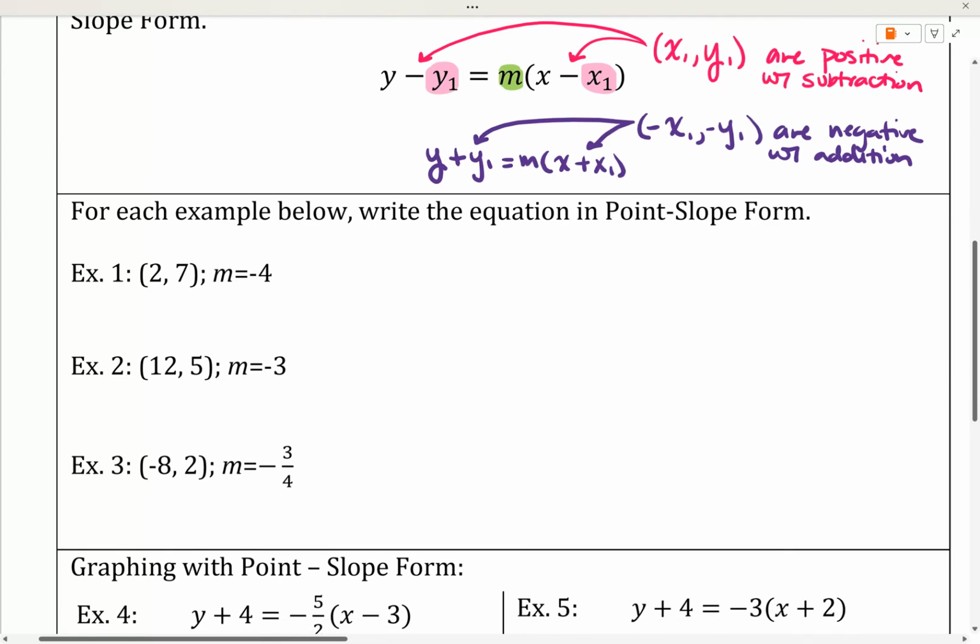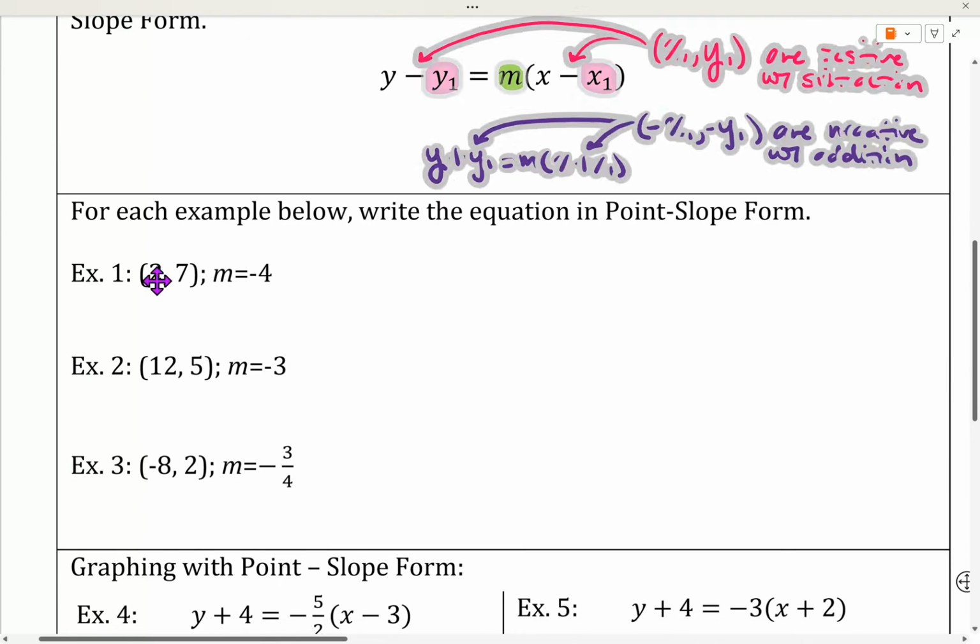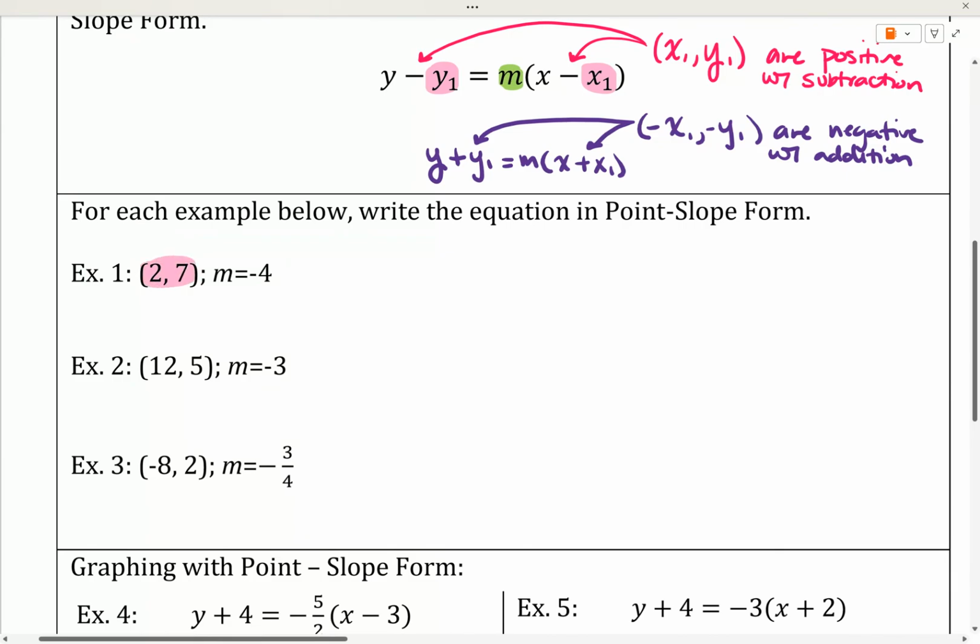So we're going to write a few examples in point-slope form, given a point and the slope. So here we are given 2, 7. So that is our x1, comma, y1. And our slope is negative 4. So in point-slope form, we are just going to be replacing x1, y1, and m.